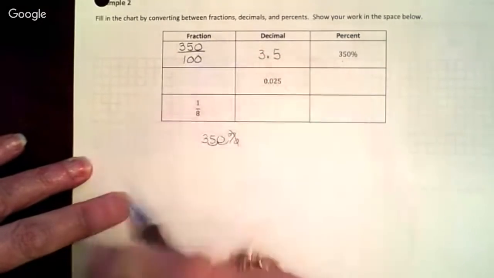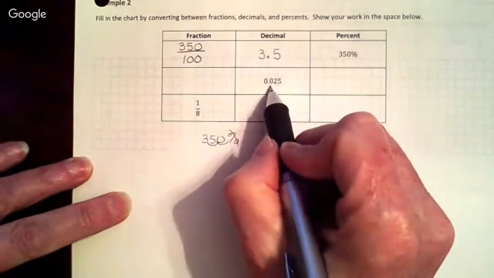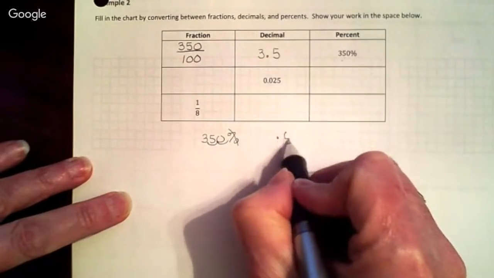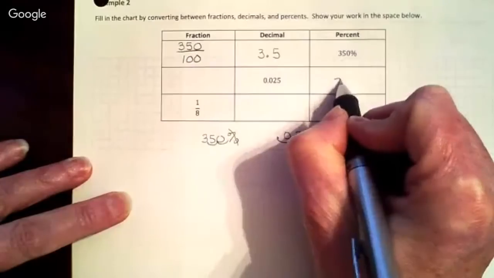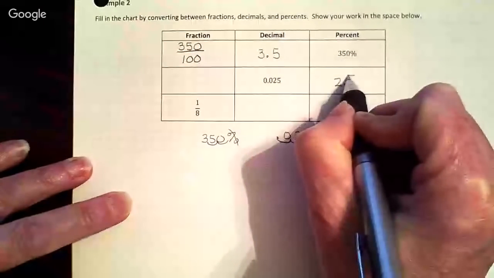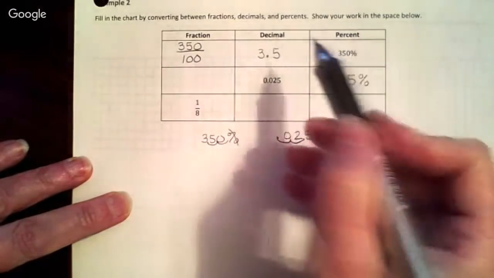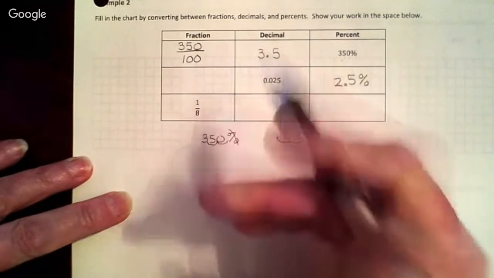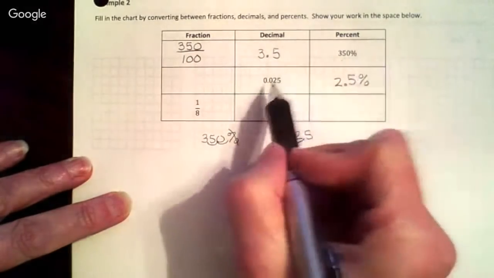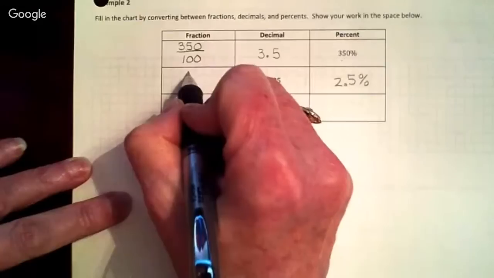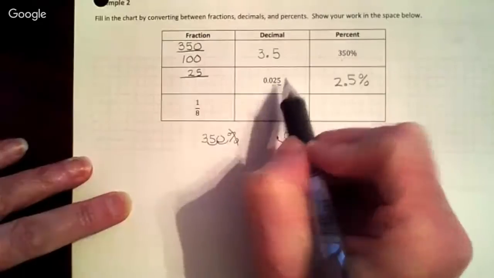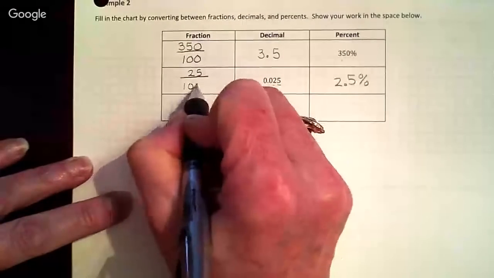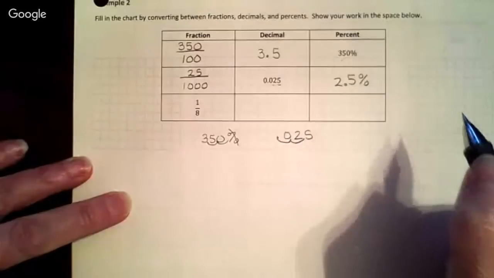And again, we'll work with simplifying in tomorrow's lesson. For our decimal, we can take the 0.025, move it over twice, and we've got 2.5%. Here, we worked with this earlier in the year. It's our number, which is 25, over its place value, which the 5 is thousandths, and that's our fraction.